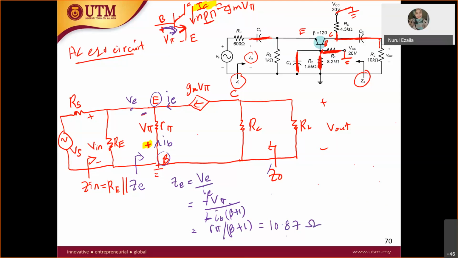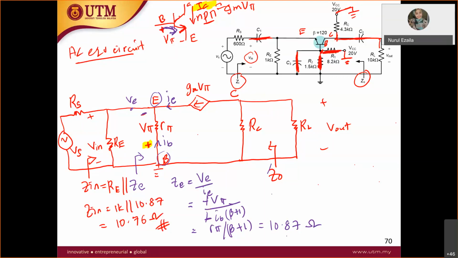So your Z in over here will be equal to the RE, which is 1K, parallel with 10.87. So you will get your Z in about 10.76 ohm. Okay, different from the PNP just now, so this one you have negative, negative.